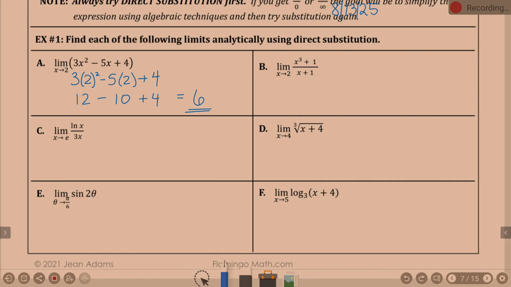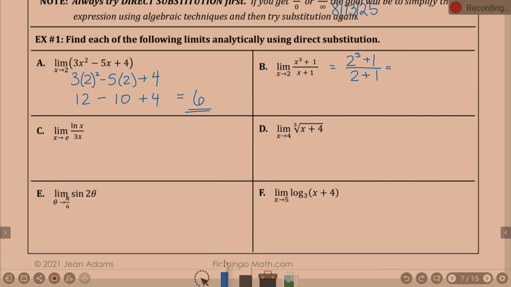B, the limit as x approaches 2 of x cubed plus 1 over x plus 1. We're always going to try that first. Once we plug the 2 in, we're done writing limit. You're taking the limit by plugging the 2 in.